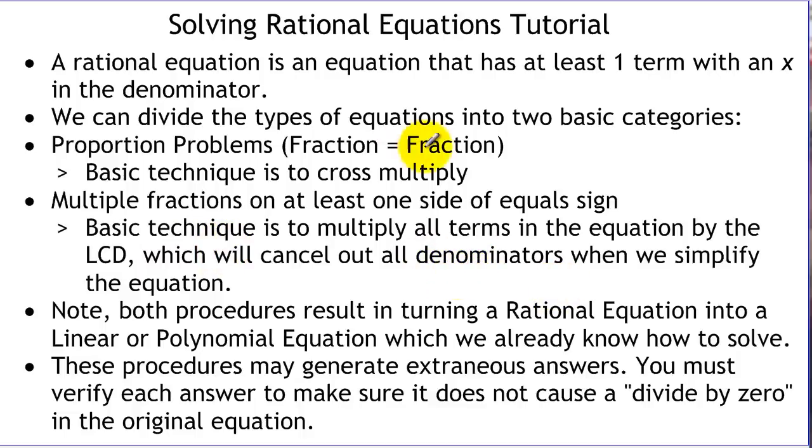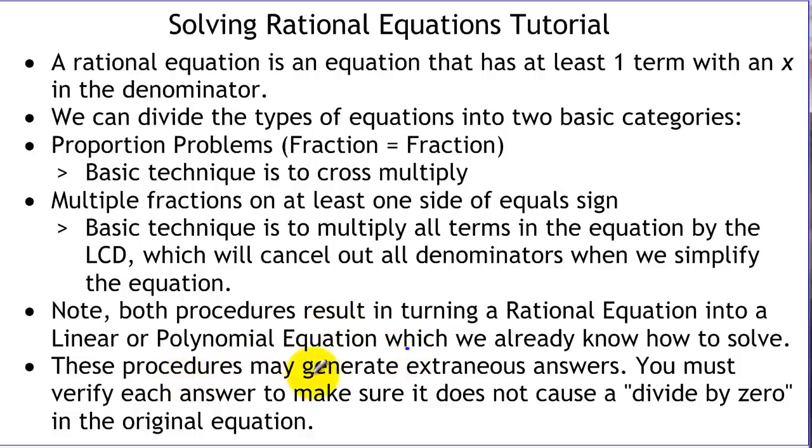So in both of these procedures, either by cross multiplying or by multiplying by the LCD, we result in a linear or polynomial equation with no fractions. And these we've already spent a lot of time learning how to solve.